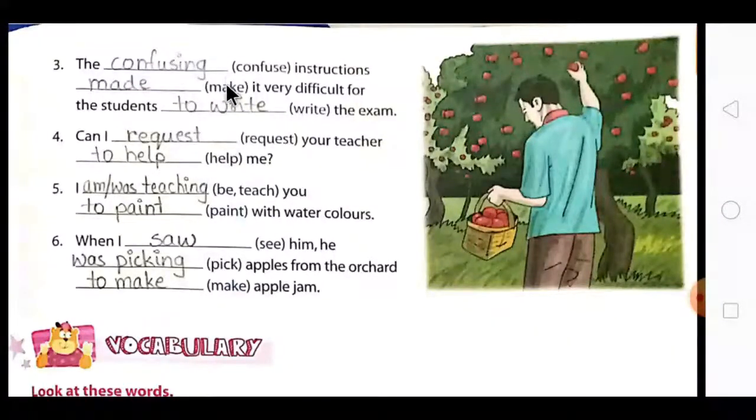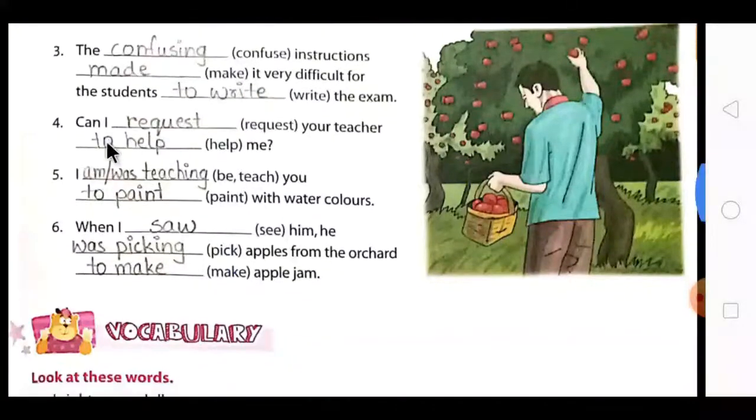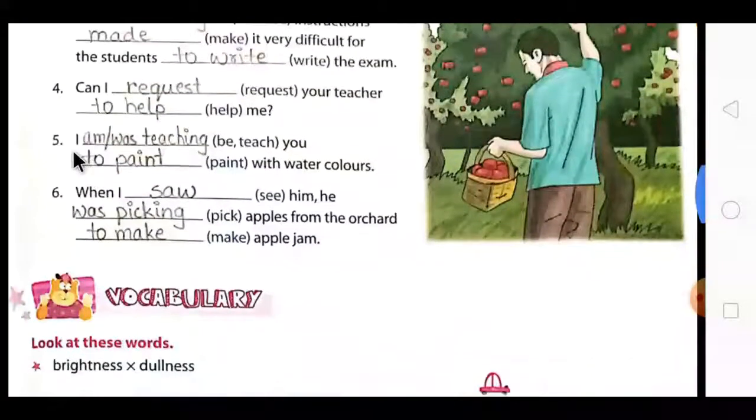So according to the sentence, you have to form the finite or non-finite type of words and write it in the blank. Then the fifth one is, I, it can be am or was teaching. B form is given. You have to add a B form and then the ing form to the word teach. B form is am and was.